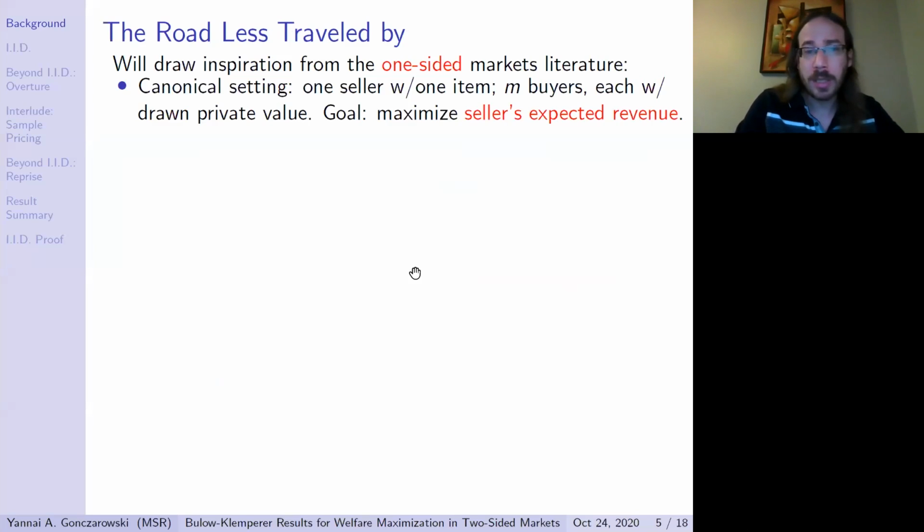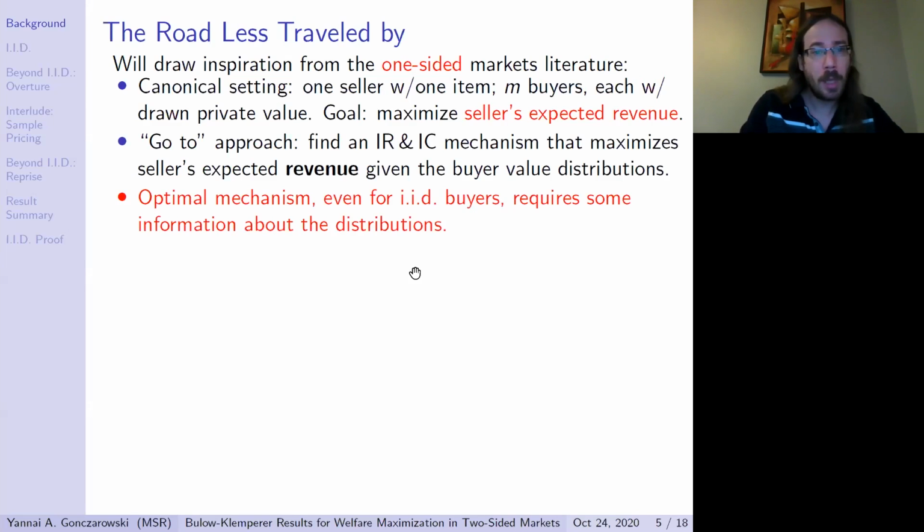So here's a canonical setting, a one-sided setting. There's one seller with one item, M buyers, any number of buyers, each of them with a private value drawn from some distribution. And the goal is to maximize the seller's expected revenue. And the go-to approach here, very similarly, is to find an IR and IC mechanism. Here you don't care about budget balance.